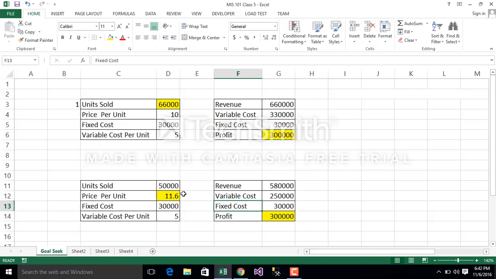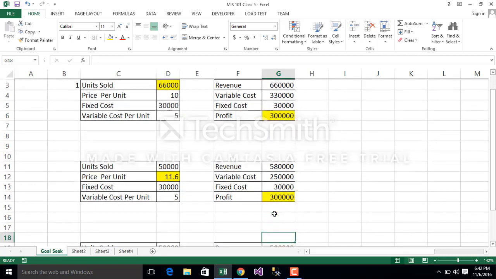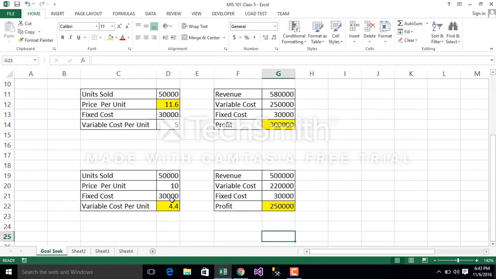Another thing, if we increase our price to 11.6, then our profit will be 3 lakhs. And last one, if we are able to decrease our variable cost to 4.4, then our profit will be 2.5 lakhs.